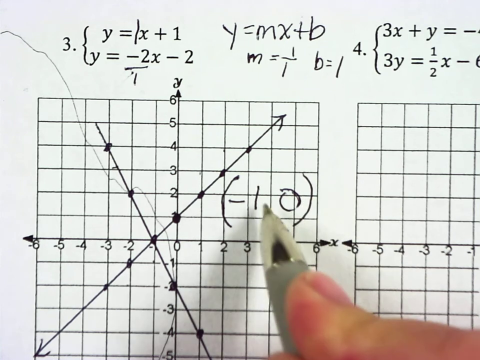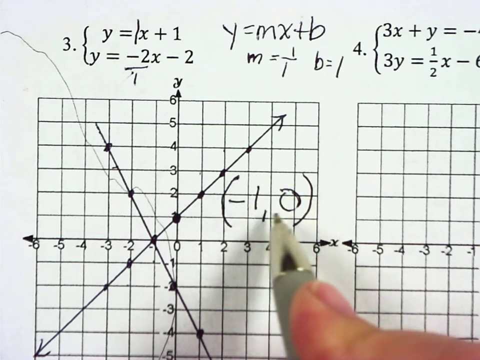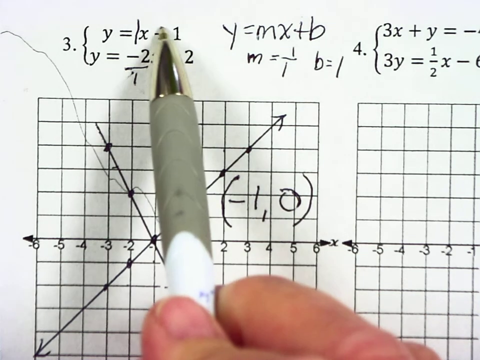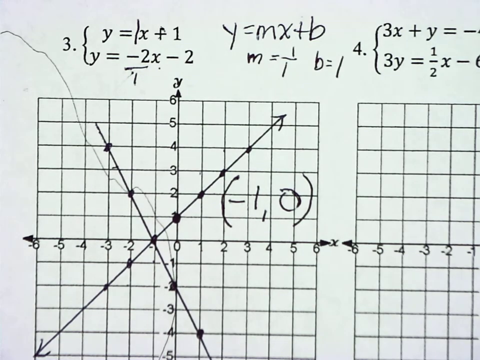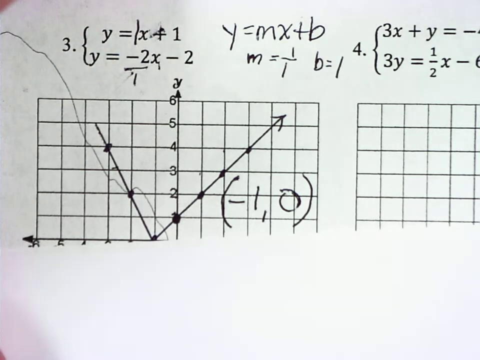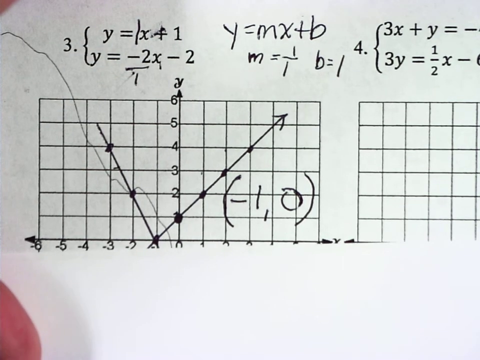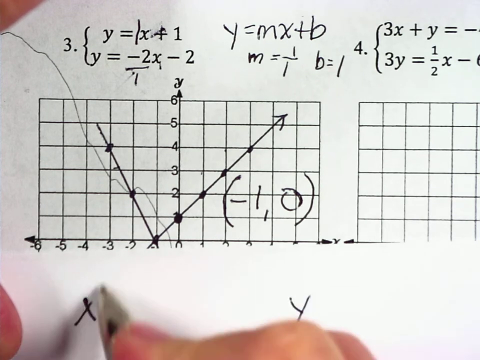Well, I want to be sure that this is truly the point of intersection. So I have to determine if this point is a solution of this equation and this equation. It has to satisfy them both. So I'm going to take the point -1, 0 and plug it into both of my equations in a function table.